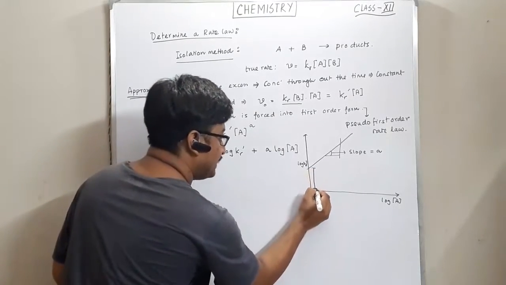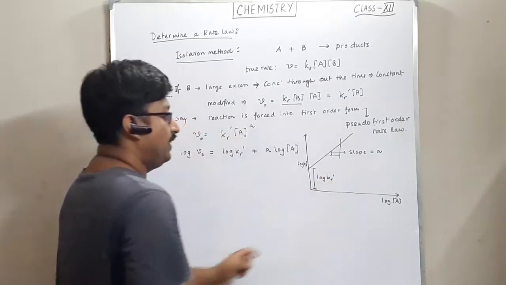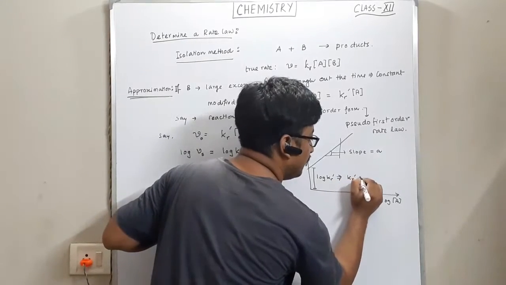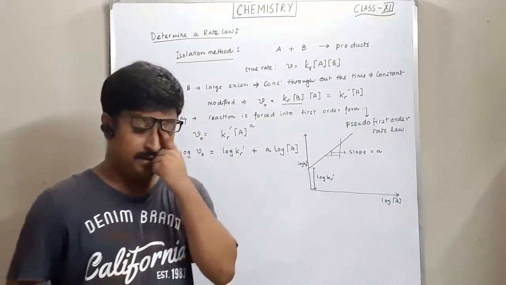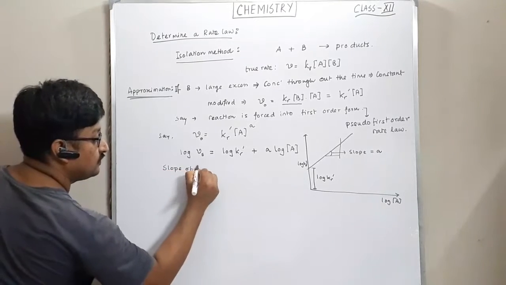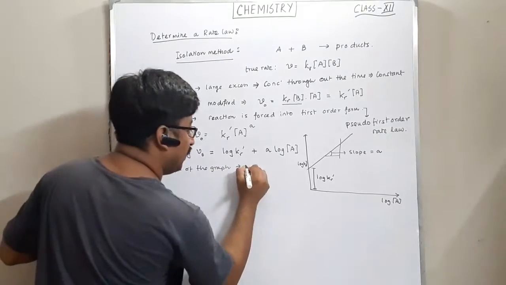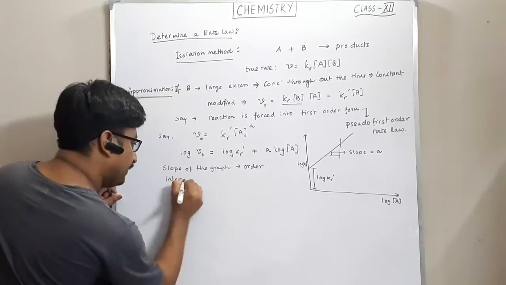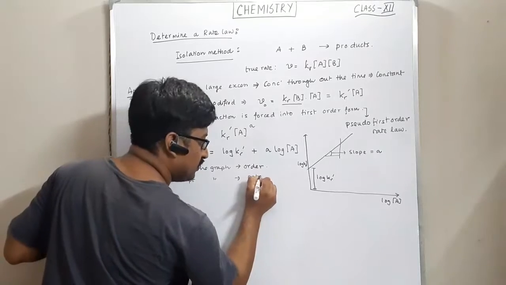And from the intercept, you will get log of k_r prime. By taking the anti-log, you will get the rate constant. So from the slope of the graph you get the order of the reaction, and from the intercept of the graph you get the rate constant information.